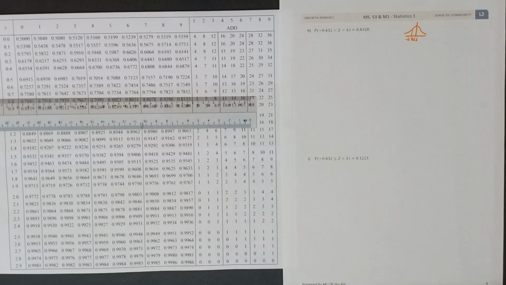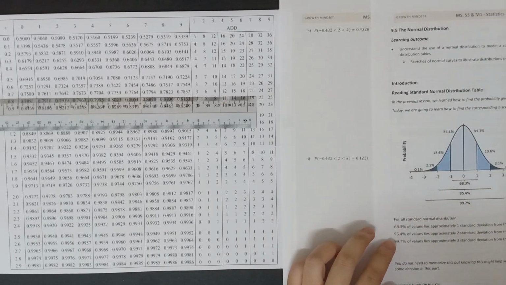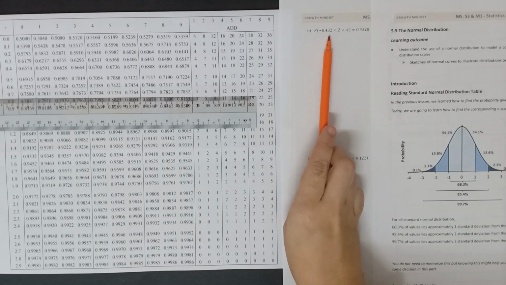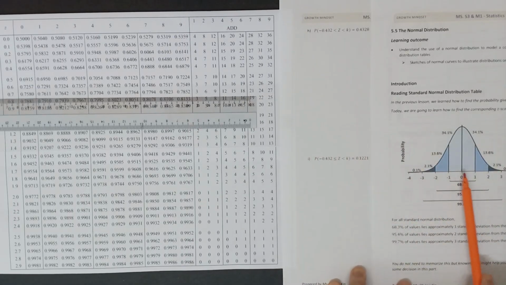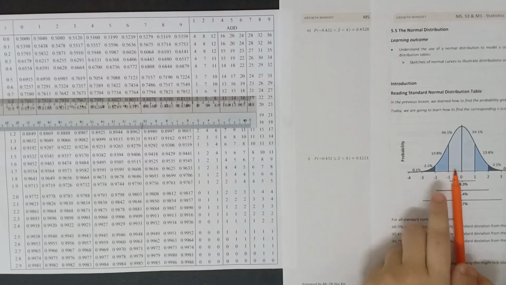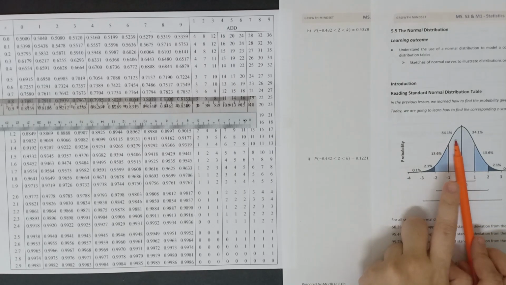Okay, so this is how the percentage comes in. So you see this. Now you have negative 0.432, which is somewhere here. If you still remember, from -1 to 0, it contributes 34%.